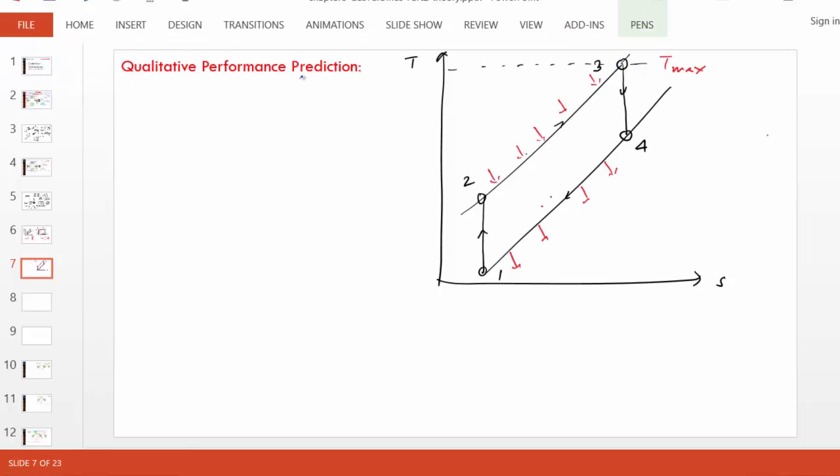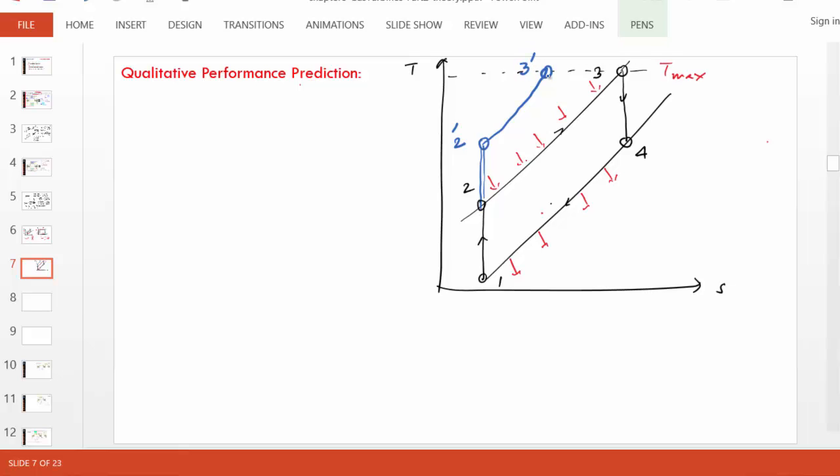Notice state 1 hasn't changed, but compression ratio has increased. So obviously our cycle will extend up to here, let's call it 2 prime. And then the constant pressure heat addition will take place along a similar line, but we cannot exceed Tmax. So our 3 prime will be somewhere here, and then isentropic expansion in the turbine will bring us back to the constant pressure line. So 1 prime, 2 prime, 3 prime, 4 prime is our modified cycle.